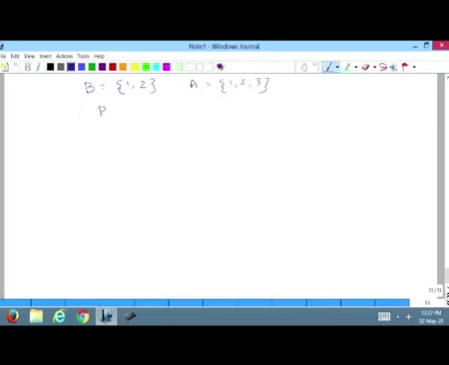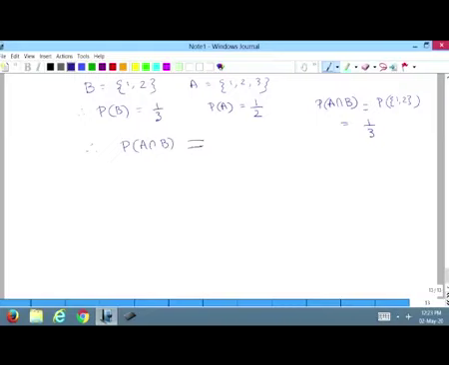Therefore, P(B) is 1/3, P(A) is 1/2, and P(A ∩ B) is equal to P({1, 2}), which is 1/3. Therefore, P(A ∩ B) is not equal to P(A) into P(B).